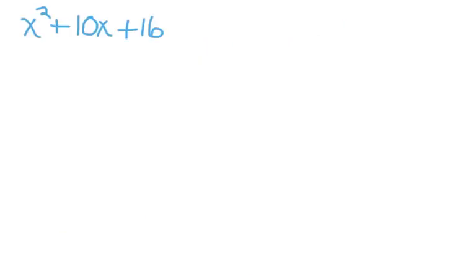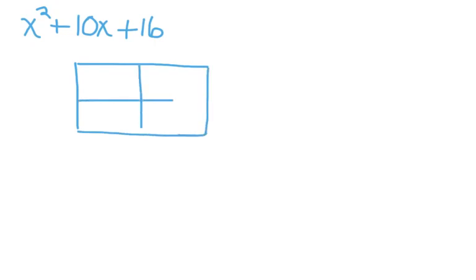So I've got a polynomial in standard form, x squared plus 10x plus 16, and we're going to be asked to factor this. So the very first thing, as I went over in class, is we are going to draw a rectangle. And within that rectangle, we are going to make 4 rectangles, or you can look at them as being window panes. And in the lower left-hand corner, I'm going to put my x squared tile.